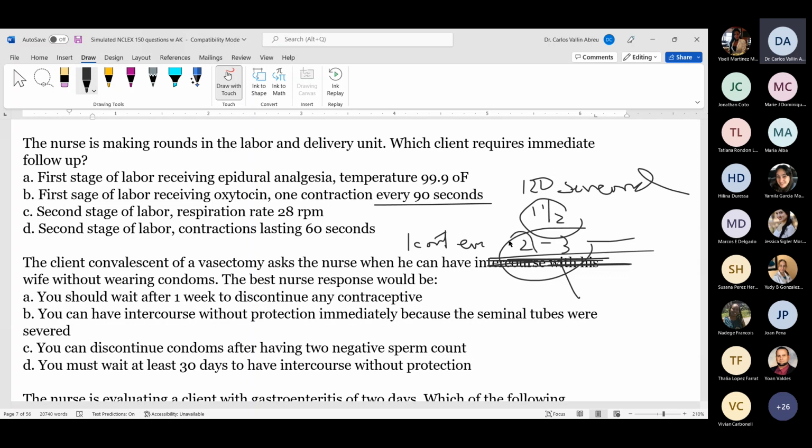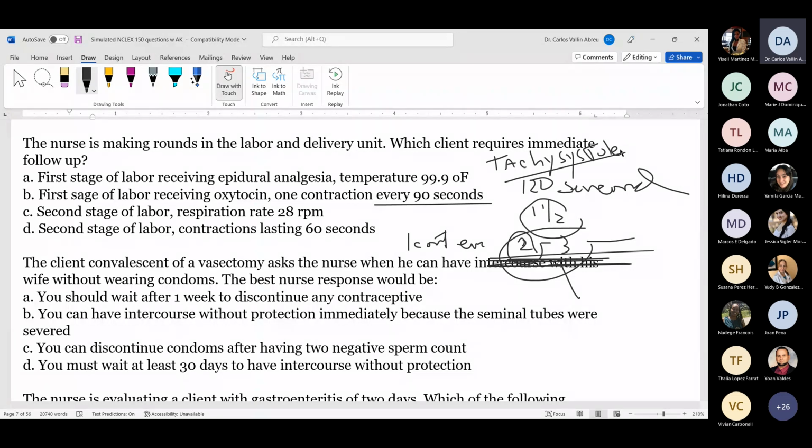One contraction every 2 minutes is one contraction every 120 seconds. If you're having one contraction every 90 seconds, this is too frequent, and this is called tachysystole. This is the terminology for this excessive frequency of contractions induced by the drip of oxytocin.